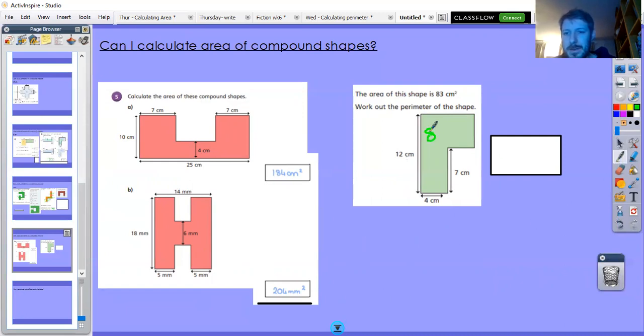So we know that the area is 83 centimeters squared, which means you can then use that to find out the total perimeter. So what you might have done is then extended this over to here to find out what that would have been. So what times 12 equals 83.